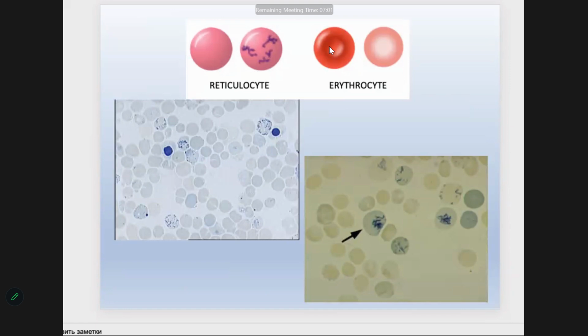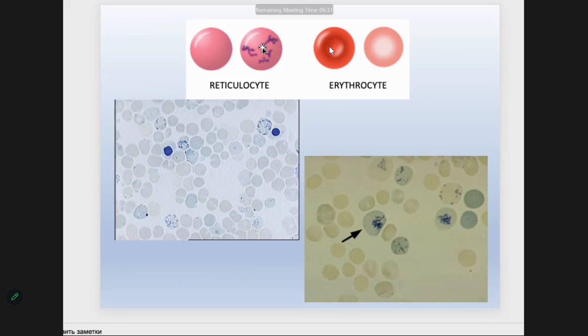Reticulocytes are younger erythrocytes, and look at the main feature of reticulocytes: in the cytoplasm of reticulocytes, we can see the remains of organelles. Erythrocytes do not contain organelles, but in the cytoplasm of reticulocytes, if we use a specific method of staining, we can see the remains of different organelles.